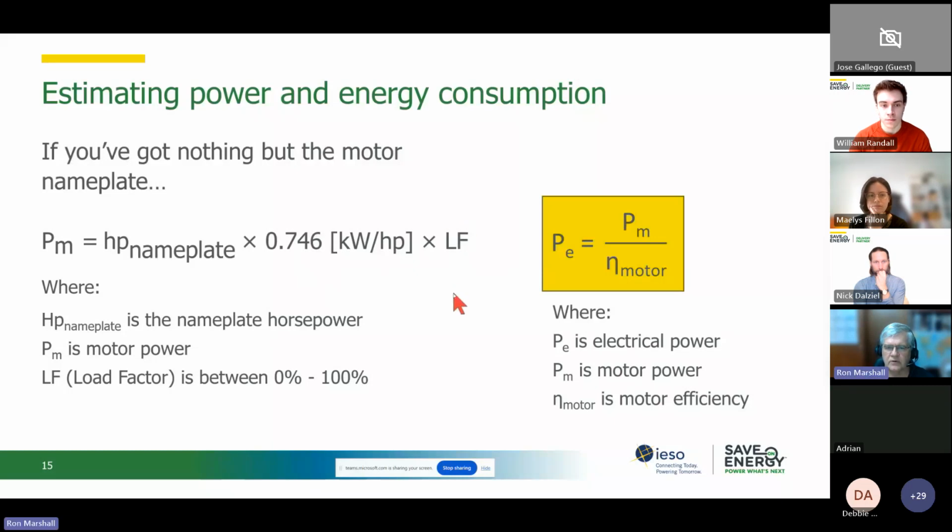So you could calculate a load factor and use that to estimate the average power on the system. Very simplistic, using kind of a single point to estimate what the power consumption might be.